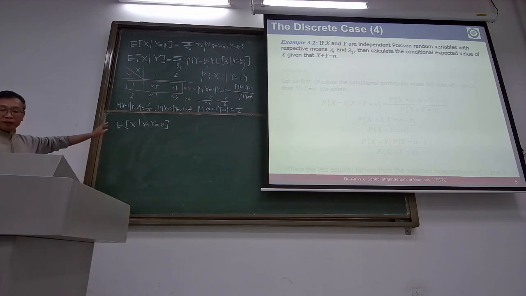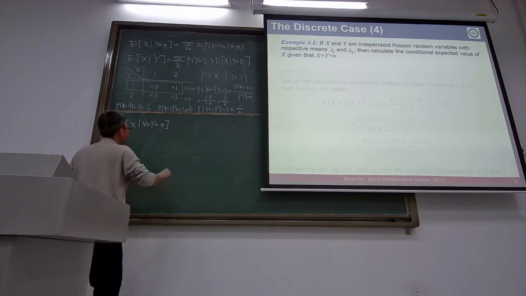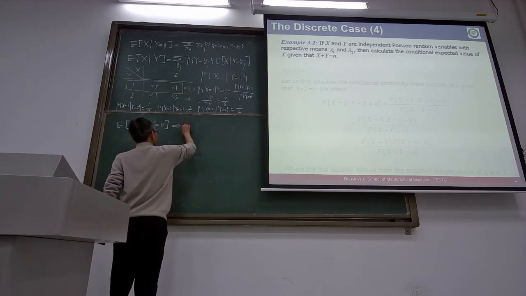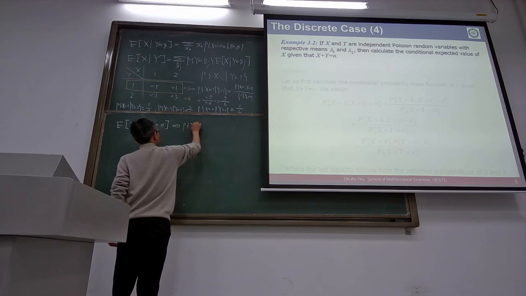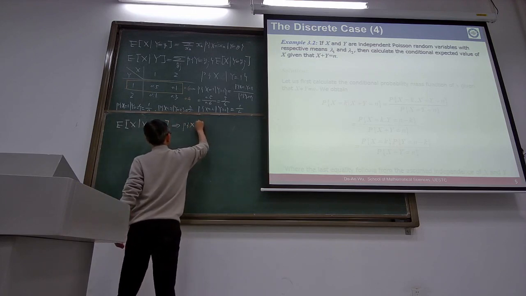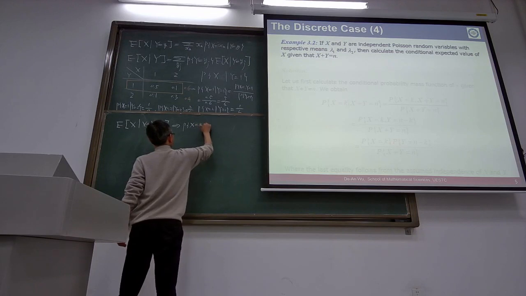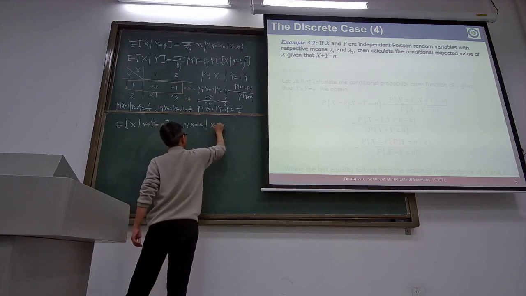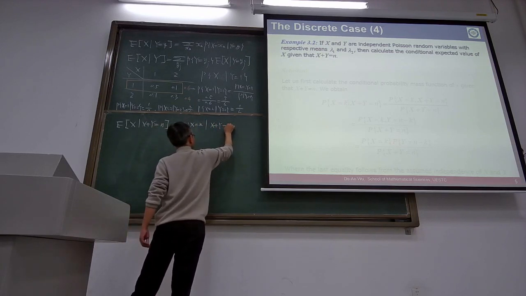To find this, we just need the conditional probability of X given X plus Y equals n.